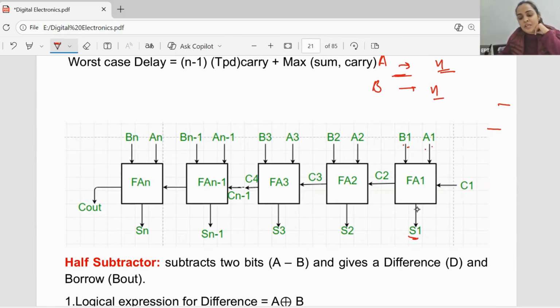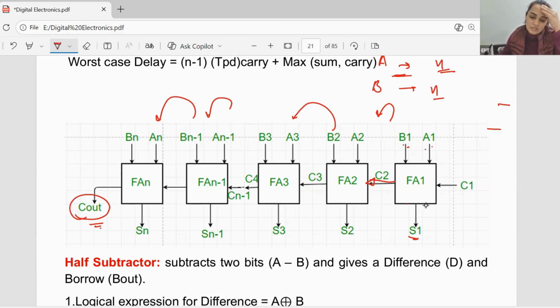And the sum. Now the carry of this stage will be given to the next stage, because carry will travel. So similarly carry will travel like this. This is the C out. So to get C out, delay 1, delay 2, delay 3, delay 4 and delay 5, right? 5 of these will be there.